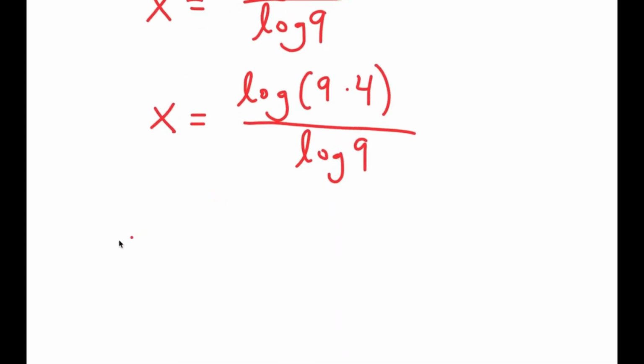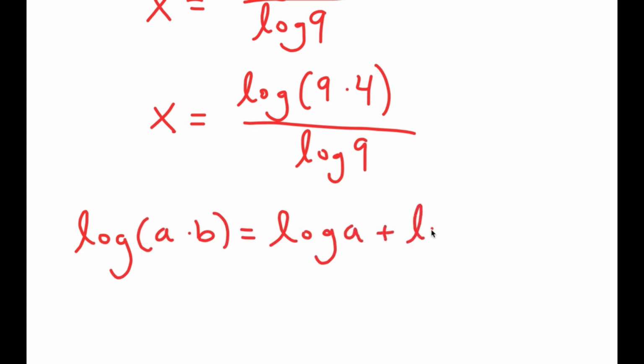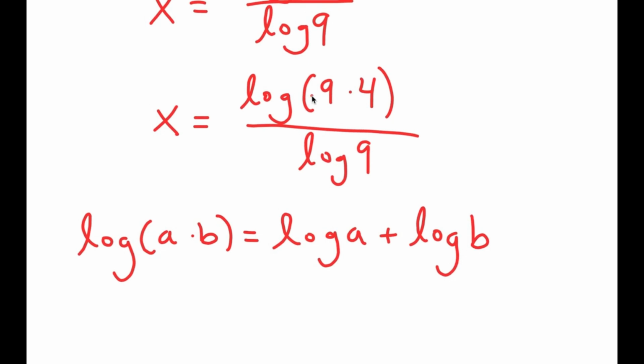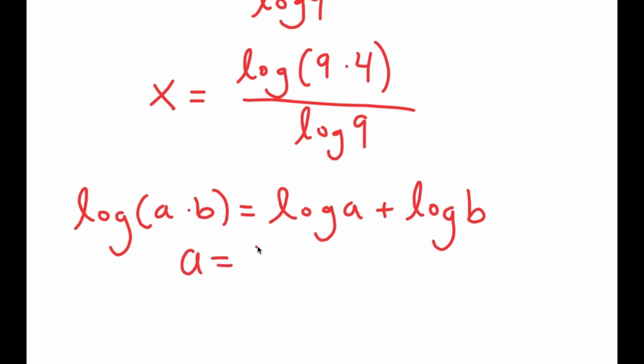And now I can use the property that states that if I have something in the form log a times b, this is equal to log a plus log b. So in this case, I have log 9 times 4, and we can say that a is 9 and b is 4.